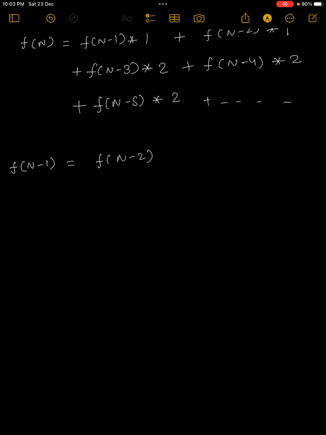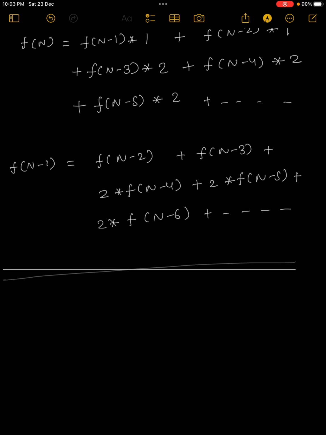I am not writing 1 because that will be the same thing. f of n minus 3 plus 2 of f of n minus 4 plus 2 of f of n minus 5 plus 2 into f of n minus 6, like that.